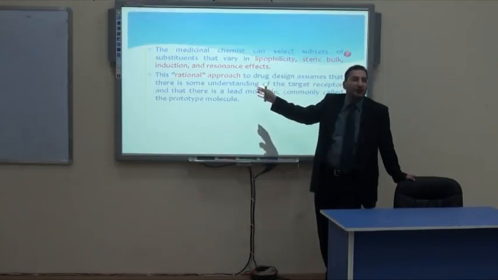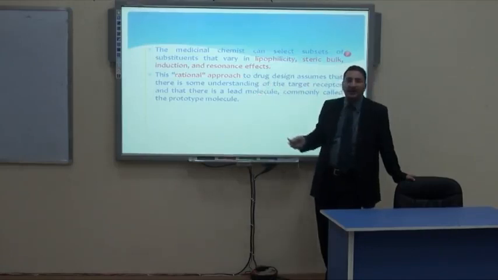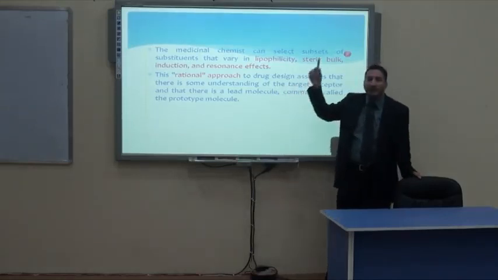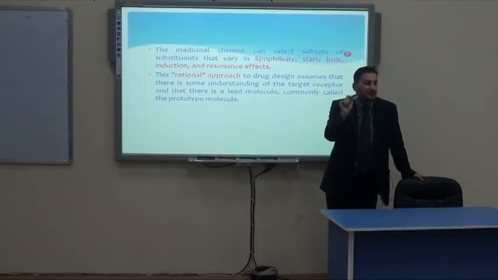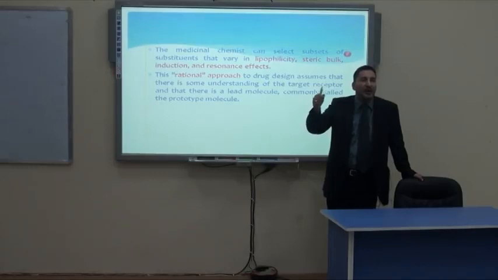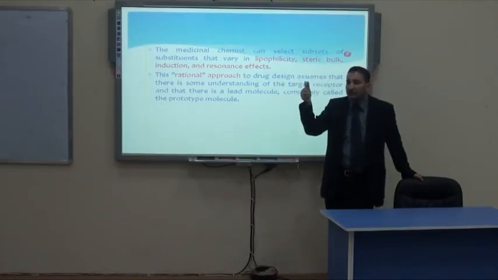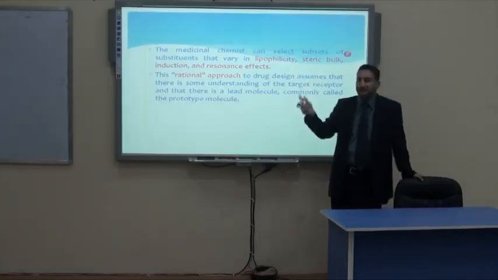In the case of non-steroidals, the prototype may be regarded as acetylsalicylic acid. By using combinatorial chemistry, we can refine the structure of this non-steroidal lead molecule and develop a new compound with little side effect and high efficiency.